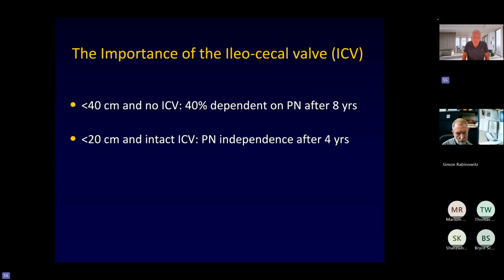If you have less than 40 centimeters and no ileocecal valve, 40% of patients historically were dependent on parenteral nutrition in some amount after 8 years. If there's less than 20 centimeters plus an intact ileocecal valve, that gives you a fairly good prognosis to be parenteral nutrition independent after 4 years. And we're talking here specifically of pediatric patients, who are asked to see in the NICU.